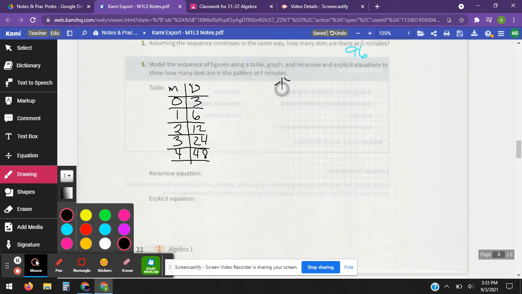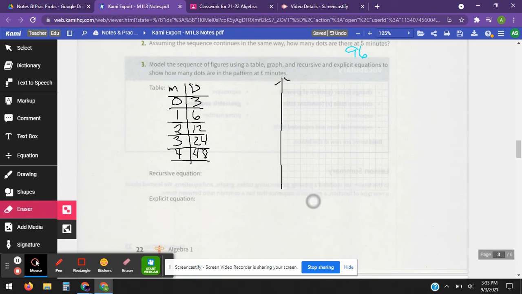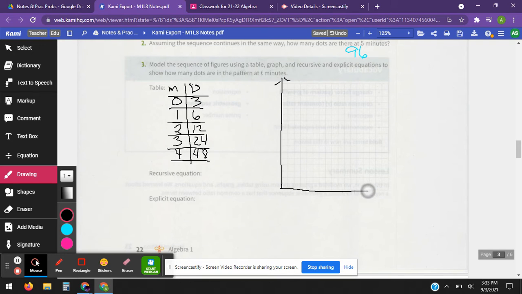So if I go to graph these, oh, that's a bad one there. Try that again. Right here. All right. So I'm just going to go 1, 2, 3, 4, 5, 6.